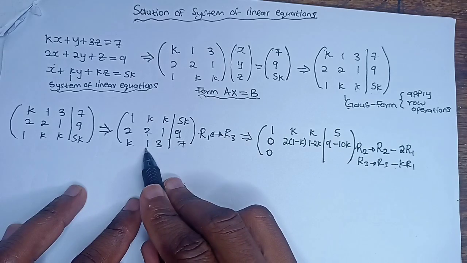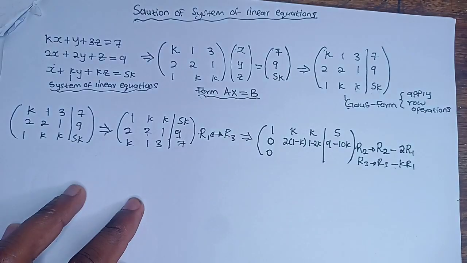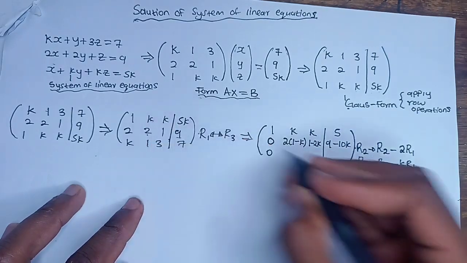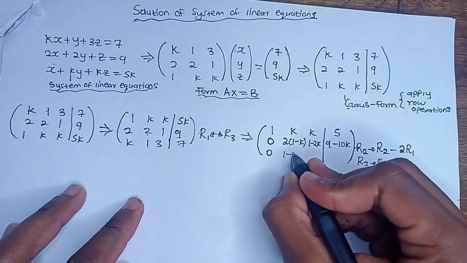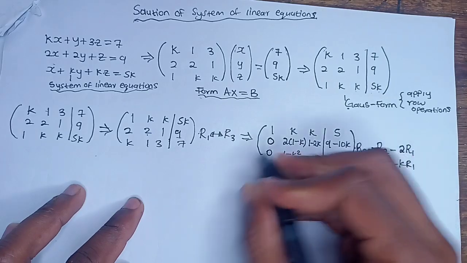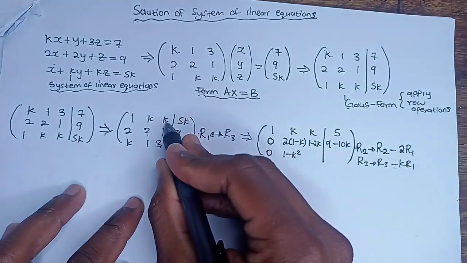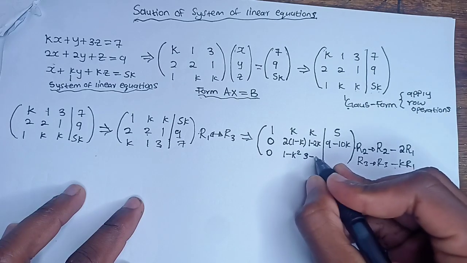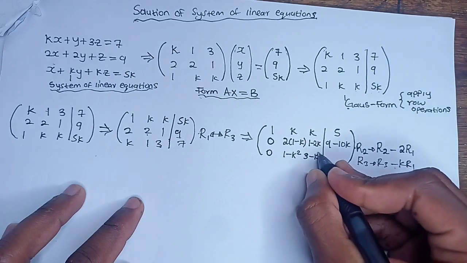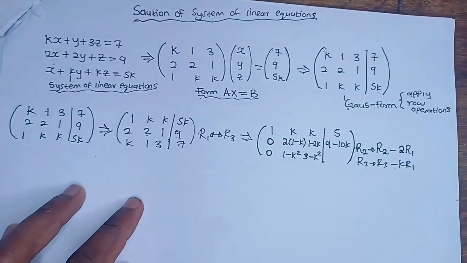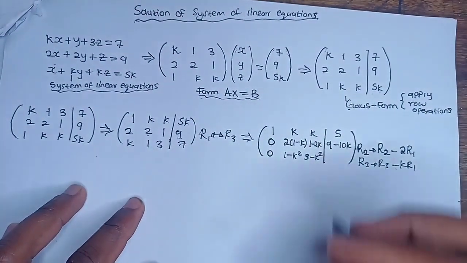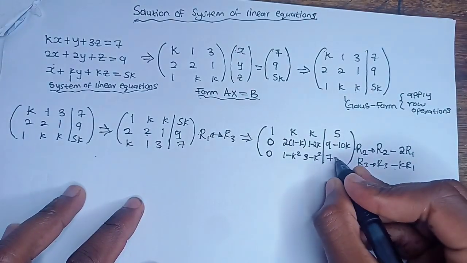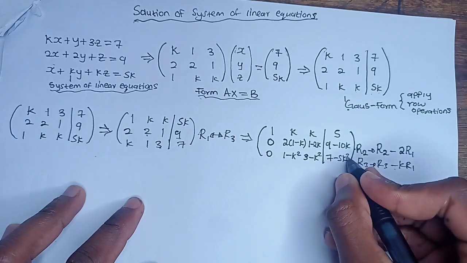Then the second one on row 3, I have 1 minus k times k, so it's 1 minus k squared. Similarly here I have 3 minus k times k, so 3 minus k squared. And on the other side, I'm going to have 7 minus 5k squared.